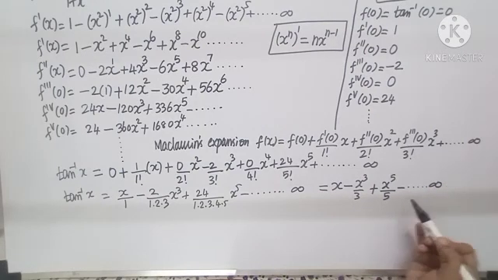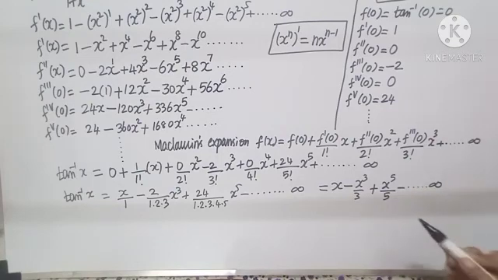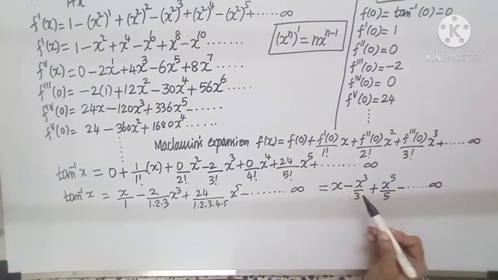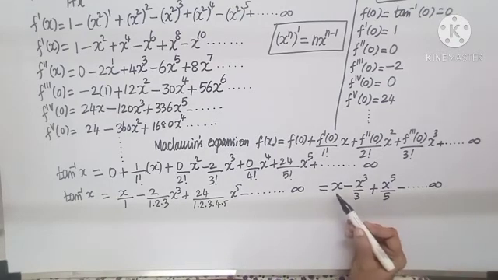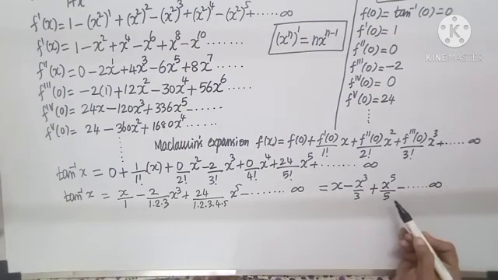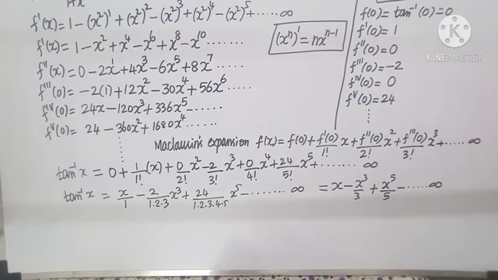Next term would be x power 7 by 7, x power 9 by 9 and so on, alternatively positive, negative. So once you write 3 terms, you can easily guess the remaining terms yourself. And that is the beauty of writing Maclaurin's expansion for any given term.